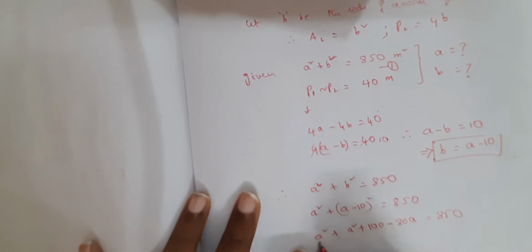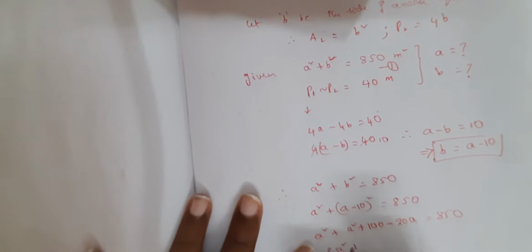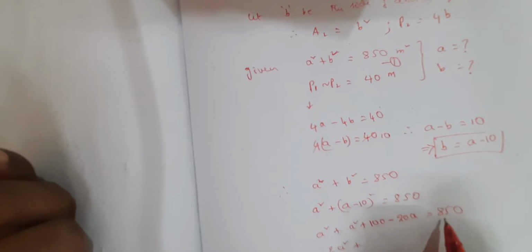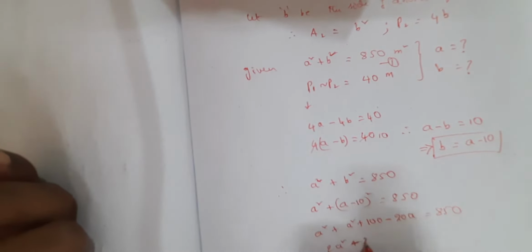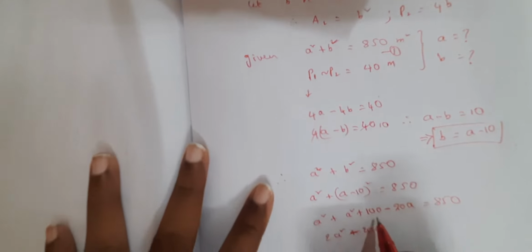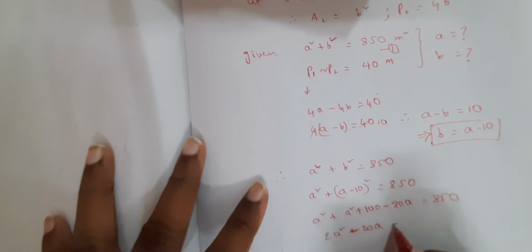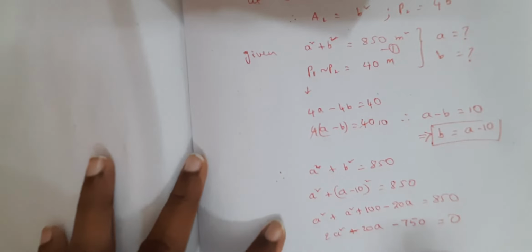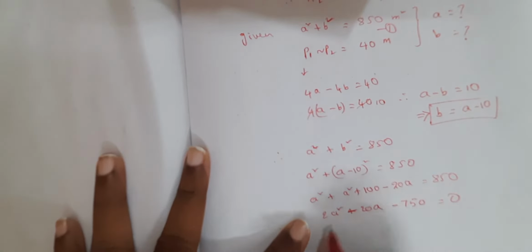A square plus 100 minus 20A is equal to 850. So A square plus A square is 2A square, plus 100, and now minus 20A. Let me bring it here. Now plus 100 minus 850 is minus 750, which is equal to 0.